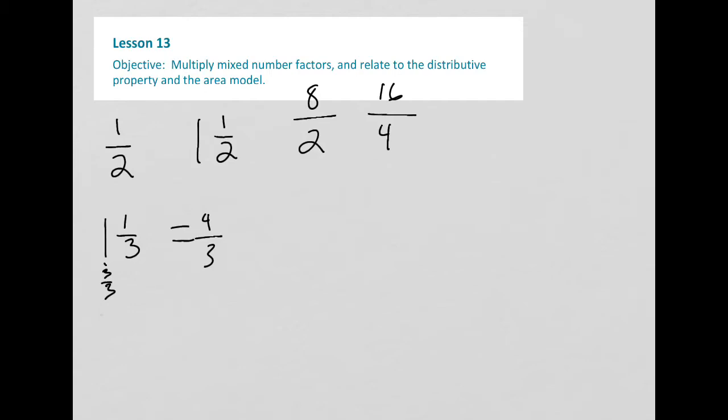And then let's say I had something like 2 4/5. I can again write this as a fraction greater than 1 by knowing that that 2 is really 5/5 and 5/5. And so 5/5 plus 5/5 plus 4/5 is going to give me 14/5.